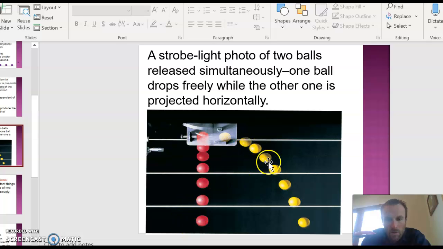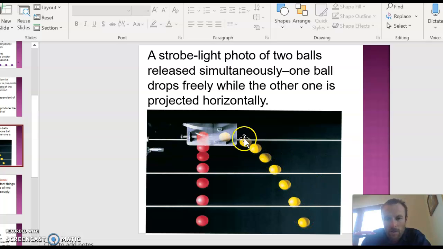So if we didn't know that this ball was moving horizontally, they're accelerating at the same rate due to gravity. It just so happens that this one is also moving horizontally at the same time, but that doesn't affect its accelerated motion in the y dimension.